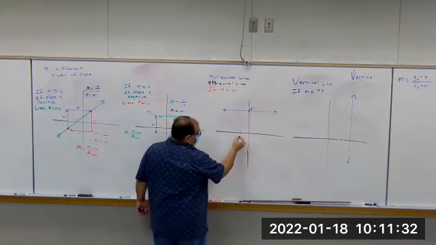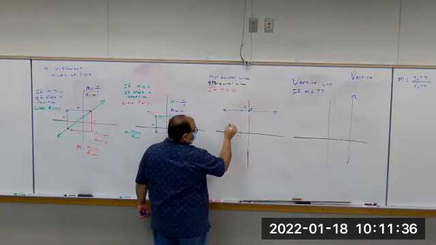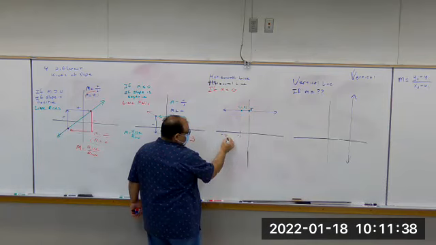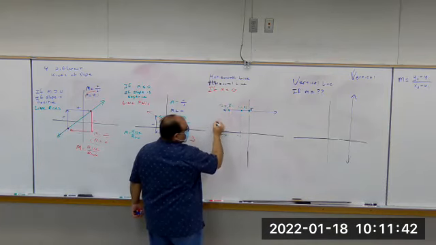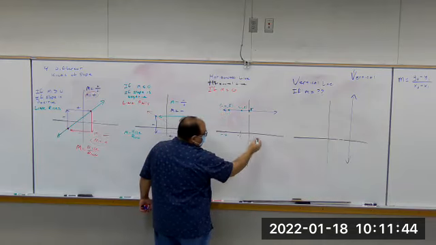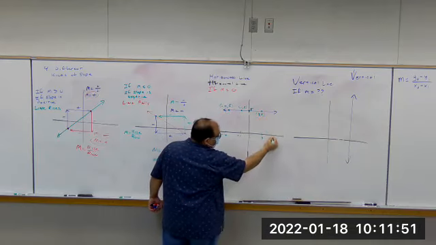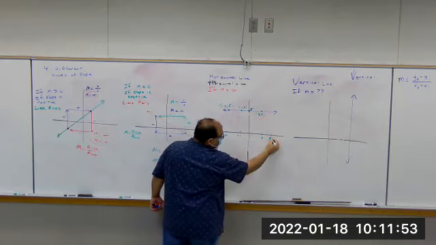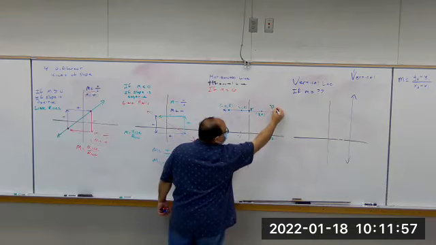And then this maybe is -1, so that's (-1, 5). Over here, let's make that -4. So that's (-4, 5). Over here, let's call this 3. So this is (3, 5). And over here, let's call this 37. So that right there is, not to scale, (37, 5).